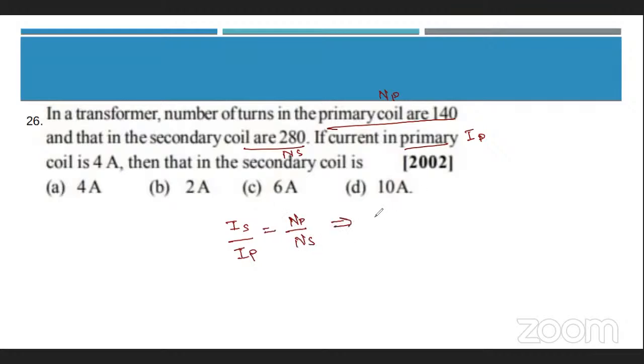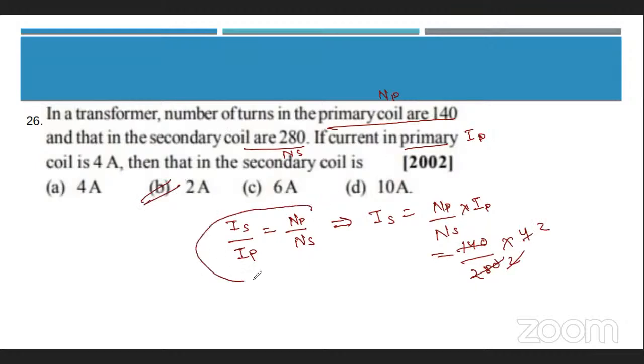I have to find the current IS. So IS will be NP by NS times IP. NP is 140 upon 280 times IP, which is 4. So 1 by 2 times 4, so 2 ampere. This is the formula for it.